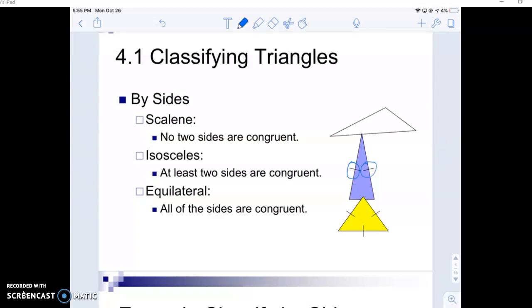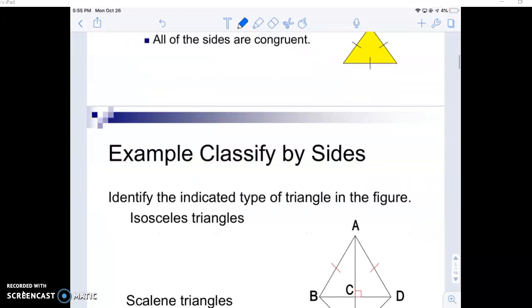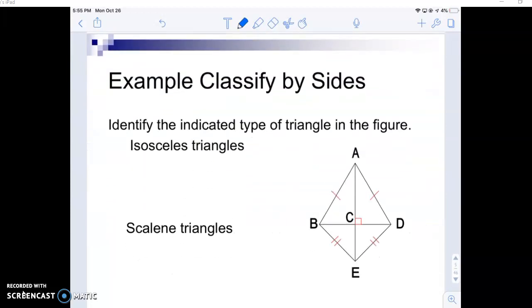And remember, those little tick marks represent that they're the same length. So that shows that those two sides are of equal length. And then last we have what's called an equilateral triangle. That's when all those sides are congruent. We show that by making those little tick marks, showing that they're the same measurement. So that's how we classify them by angles and sides.